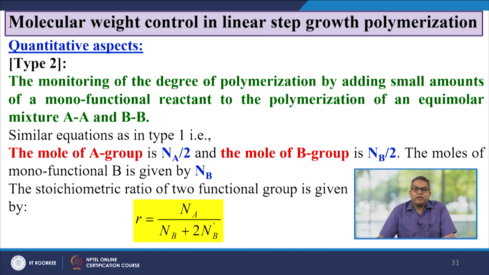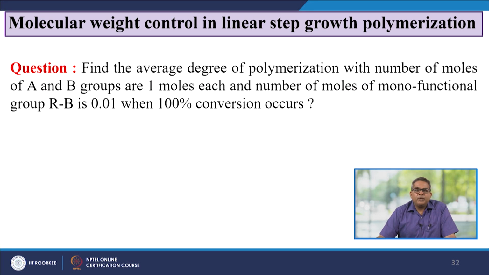the control of the degree of polymerization by adding a small amount of monofunctional reactant to the polymerization of an equimolar mixture of AA and BB. With a similar type of equation as type 1, the moles of A groups is given by Na over 2, and the moles of B groups is Nb over 2. The moles of monofunctional B is given by Nb'. So the stoichiometric ratio of the two functional groups can be given as R is equal to Na over Nb plus 2Nb'.